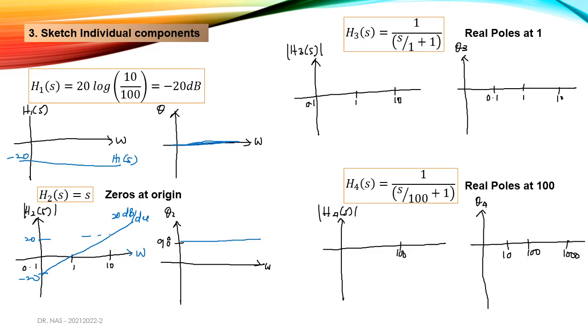For the third component, you have poles at 1. The line will be 0 until 1, and since it is a pole, it goes down by 20 dB per decade. For real poles, it is negative 45 degrees at 1, extend to the earlier and next decade, and the rest will be 0.